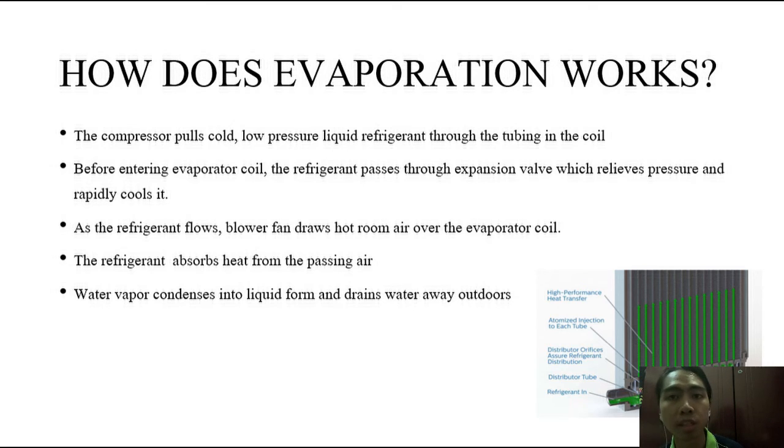The refrigerant absorbs heat from the passing air, and as it does, it warms up and evaporates. When the water vapor in warm household air hits the cold evaporator coil, the water vapor condenses into liquid form and drips down into the condensate pan, which drains the water away outdoors. This is how the evaporator coil reduces the humidity in the home.